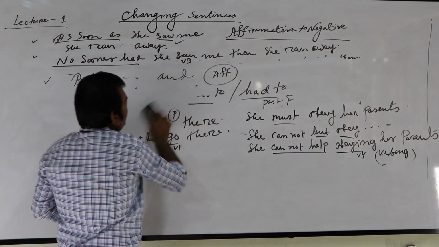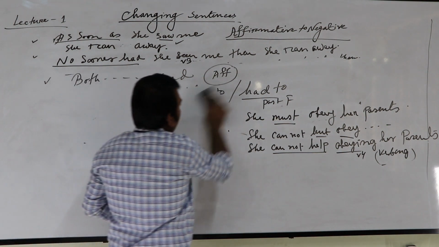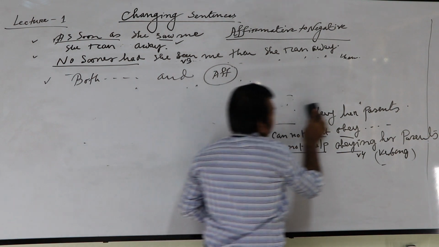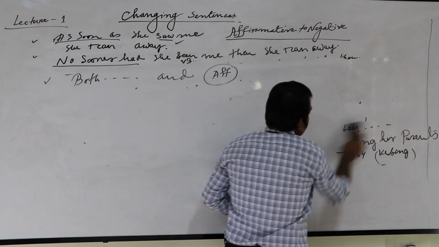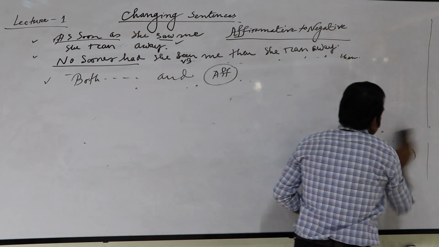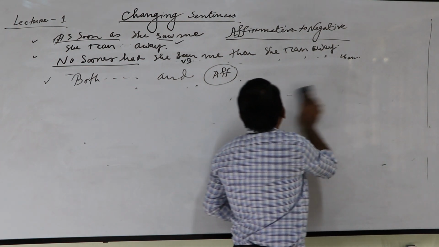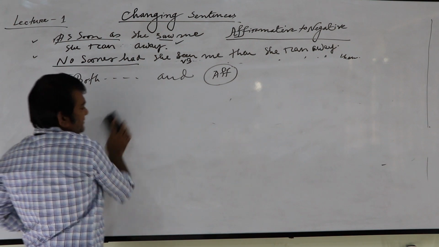Then if it is past tense, we did it with cannot help and cannot but, so when will could not be used? The question may arise when could not is used. I have already discussed this very simple answer.